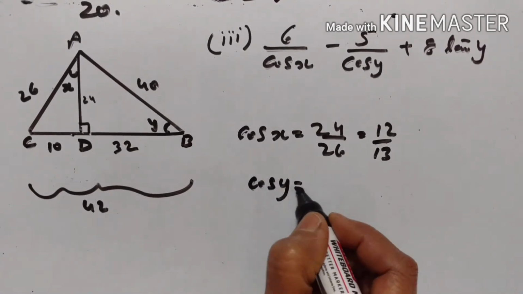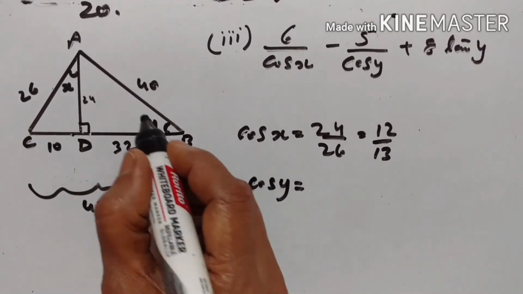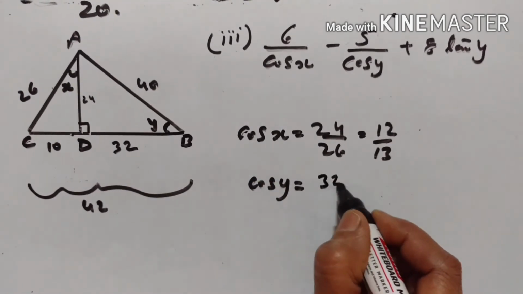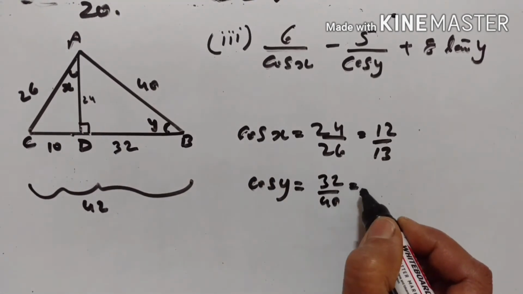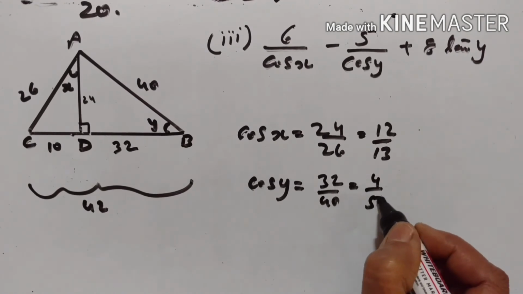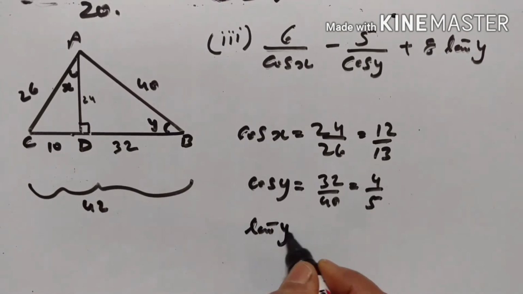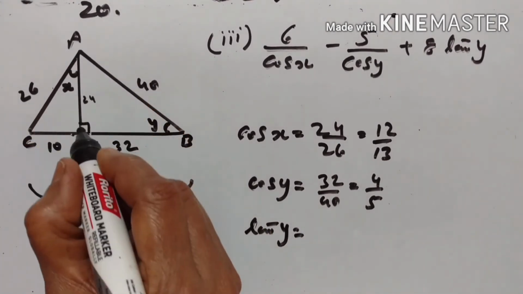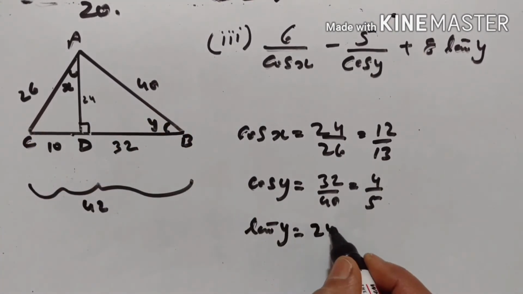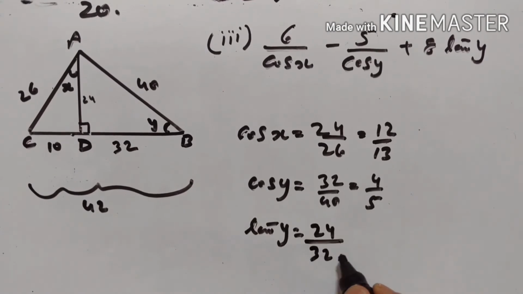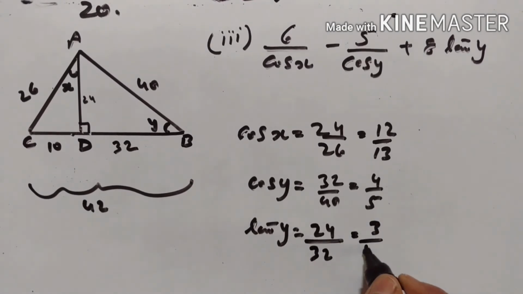Cos y is equal to base upon hypotenuse, 32 upon 40. 8 4s are 32, 8 5s are 40. Tan y is equal to opposite upon base, 24 upon 32. 8 3s are 24, 8 4s are 32.